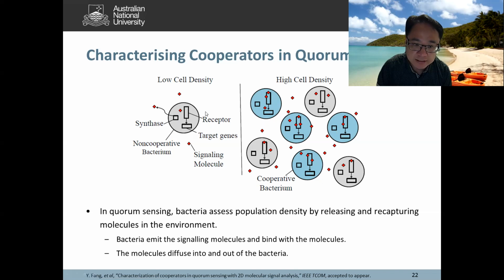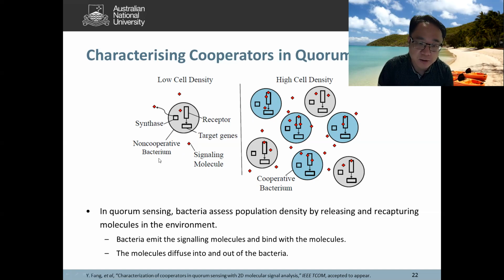In this case, a bacterium contains a receptor with target genes, and it also contains a site which can release molecules, where we use this red diamond symbol to represent signaling molecules. If we have a low cell density, that means we don't have too many bacteria.